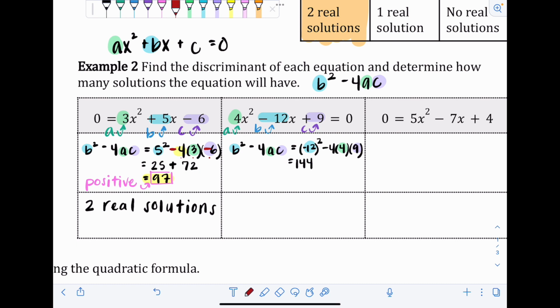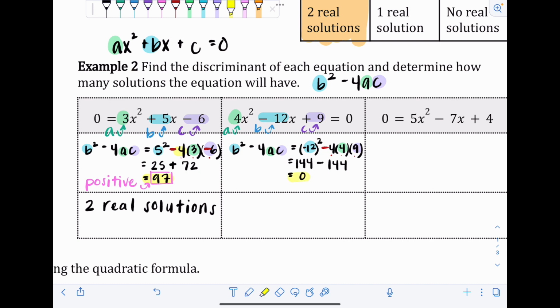And then I'm just going to count my negatives. I only have 1 this time, so that means I'm going to have a negative product, so I'll just bring down the minus. And then I can multiply 4 times 4 is 16, times 9 is 144. So minus 144, and then 144 minus 144 is 0.